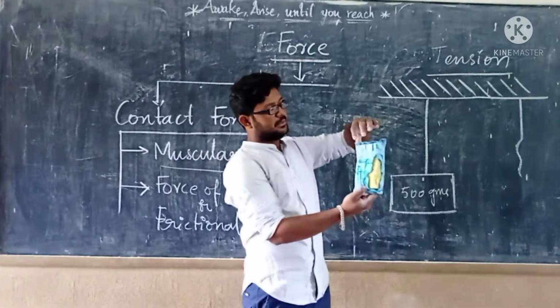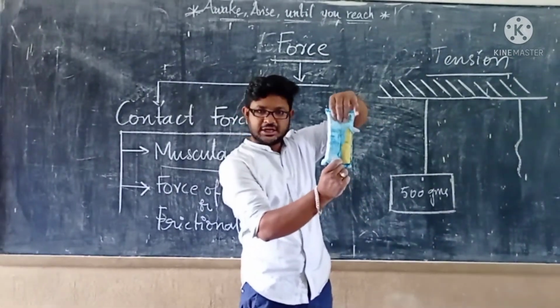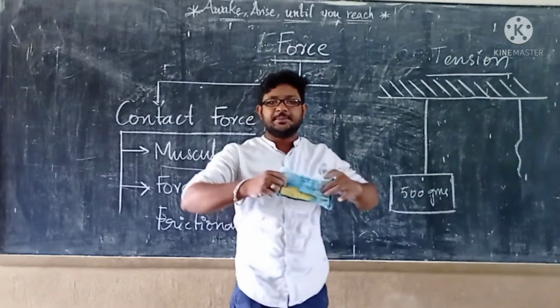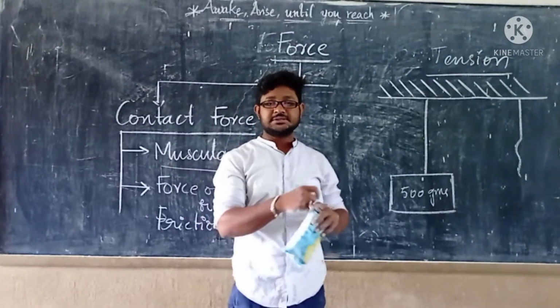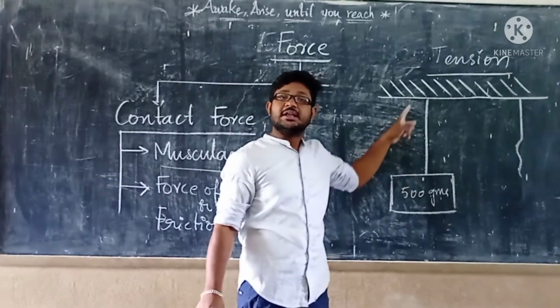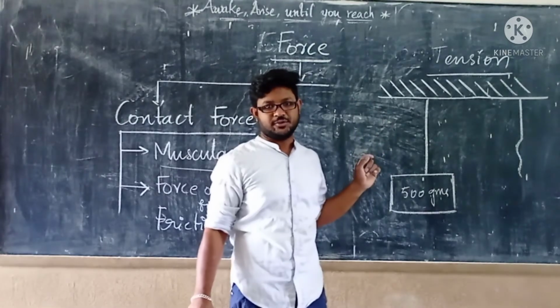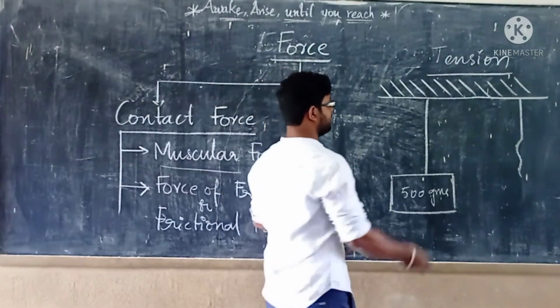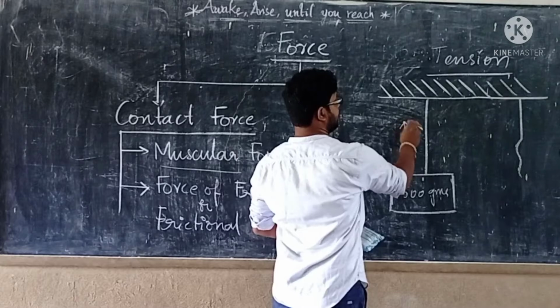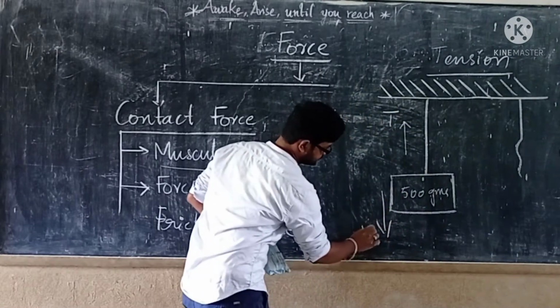For example, if this duster is fixed to the ceiling and some weight is pulling downwards, what does it become? It becomes stiff. Is it right? It becomes tight. So like that, the string will have the force of tension. And this force of tension will be acting opposite to the weight.